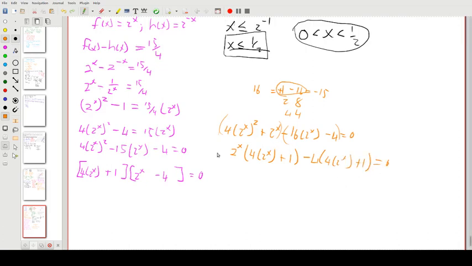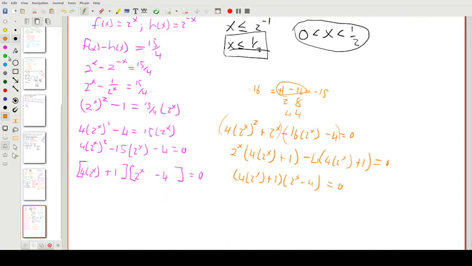Now this bracket is the common thing: 4 times 2 to the x plus 1, and what's left is 2 to the x minus 4, equals 0. We see the brackets are exactly the same as the other method.